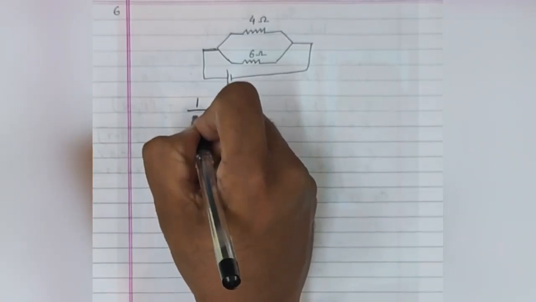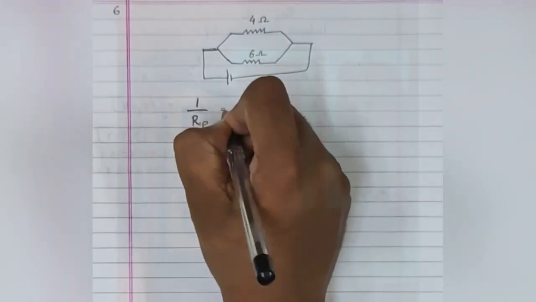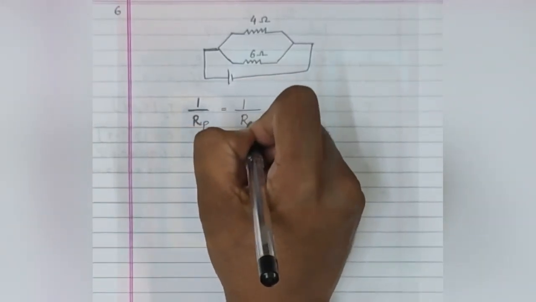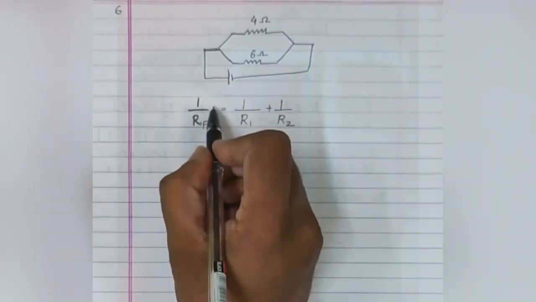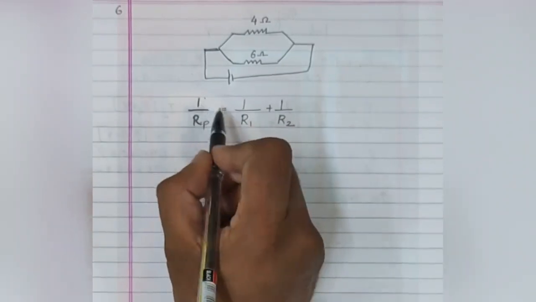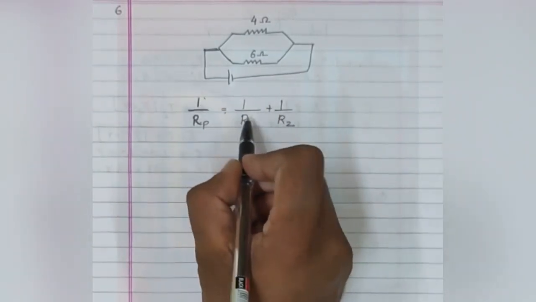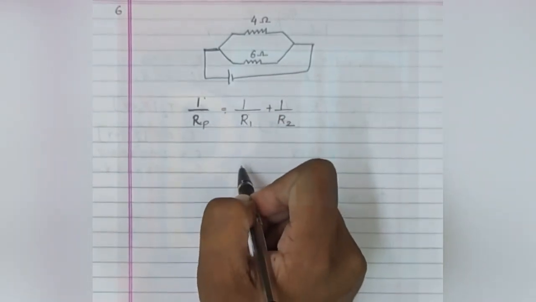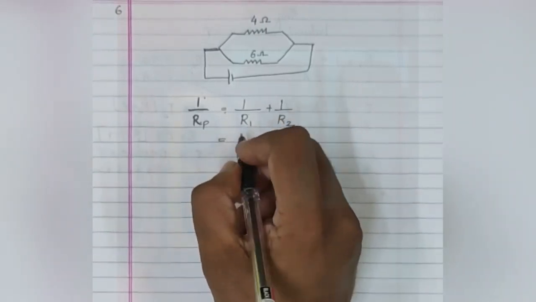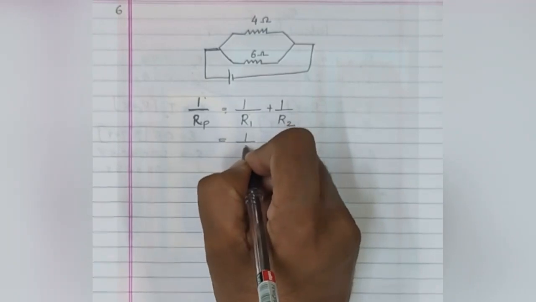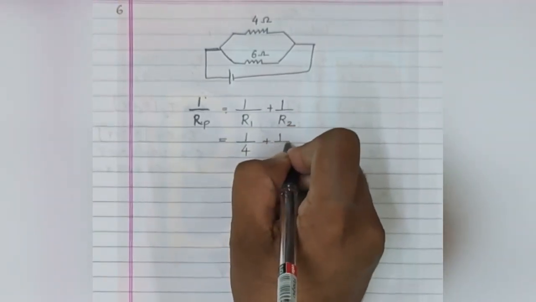1 by R is equal to 1 by R1 plus 1 by R2. That is, the reciprocal of the effective resistance is equal to the sum of the reciprocals of the individual resistances. So here the individual resistances are 4 and 6. So 1 by 4 plus 1 by 6.